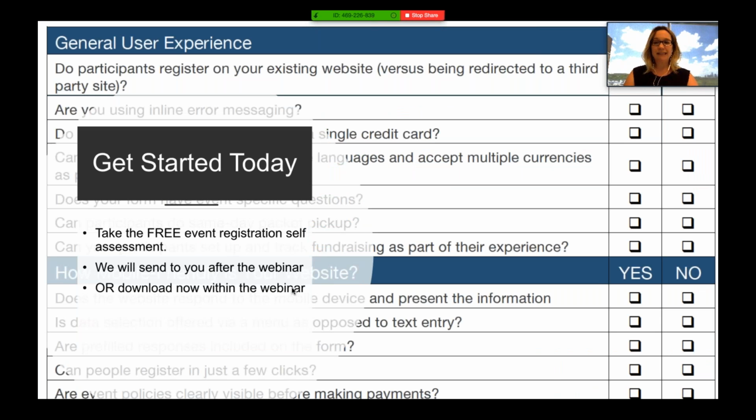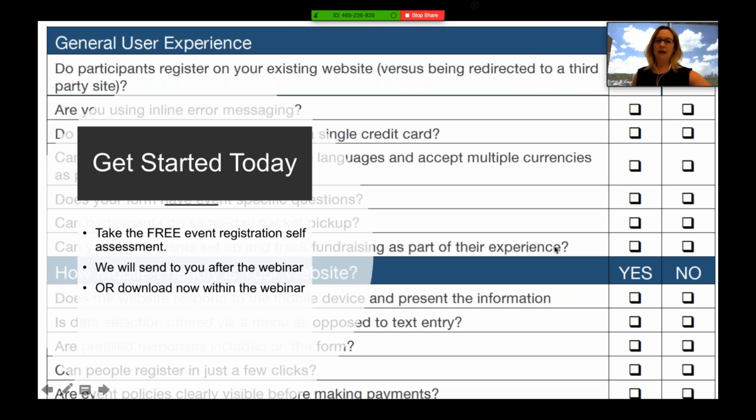Okay, we've got a little gift for you today. We have an assessment for you. It's in the GoToWebinar meeting room. I think you should see over here a handout section. If you see over on the right-hand side of your screen the handout section, you can download it.